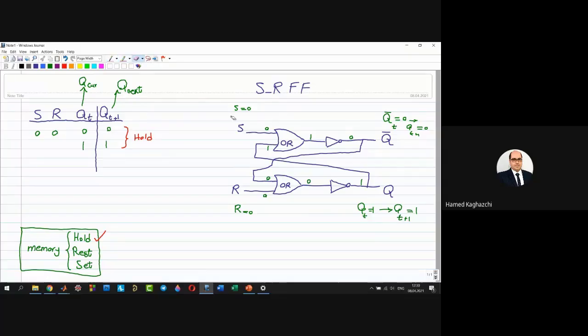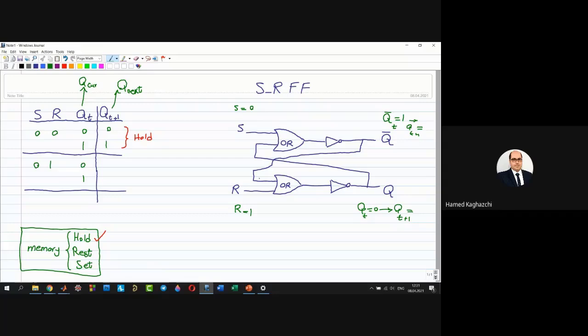Now, let's change the input of the flip-flop. If we suppose that we change the input from 0, 0 to 0, 1, what happened in this case? Again, I have to calculate the next time of output when the current input is 0 and 1. If my Qt is 0, Q bar t is 1.